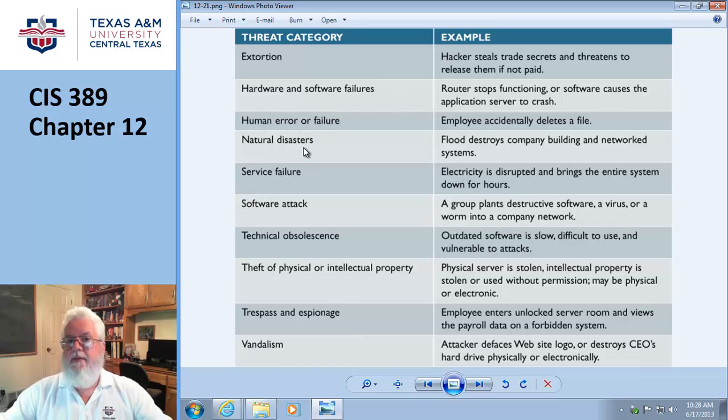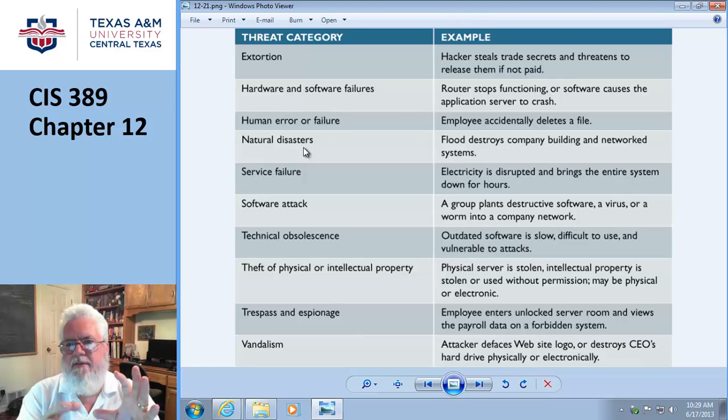Natural disasters. Now, we're talking about threats. We're not necessarily talking about cyber terrorism. We're talking about flooding, earthquake, fire, tornado, all those kinds of things. So, for example, when we say you ought to keep a set of backup tapes off-site, off-site doesn't mean in a closet in the same room as the computers.